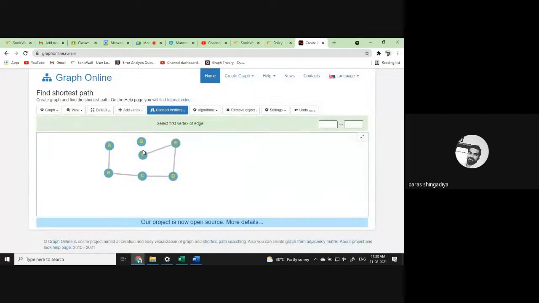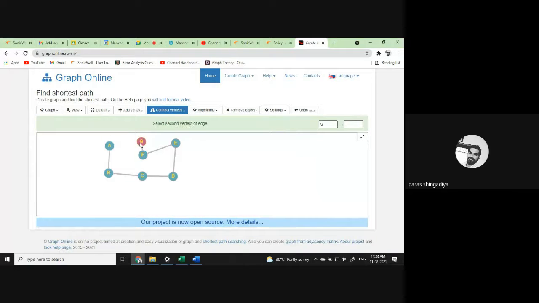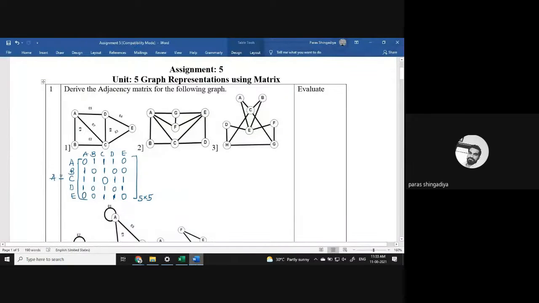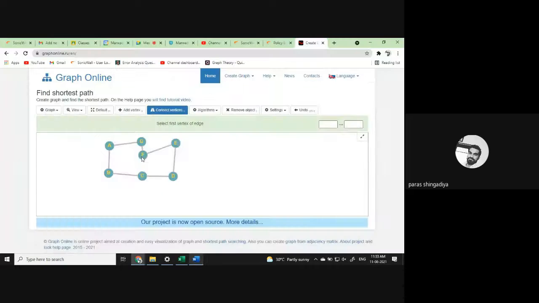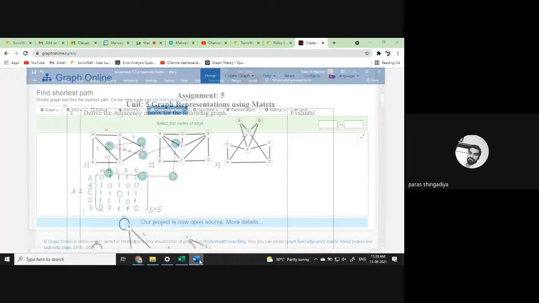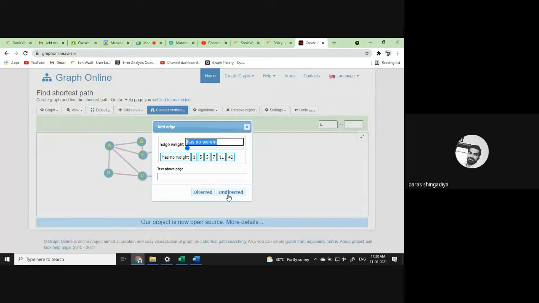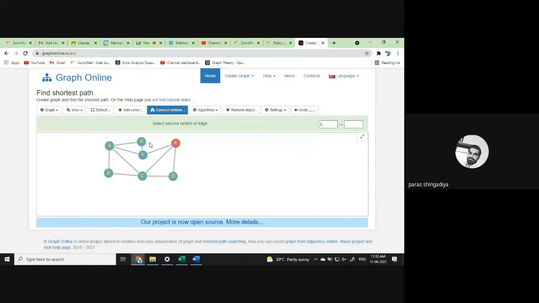F is connected, FC is connected, and GA is connected. And after that, this part is also connected. And A with C, and E with C are also connected. Clear? And E to G is also connected. So this is the graph given in the question.